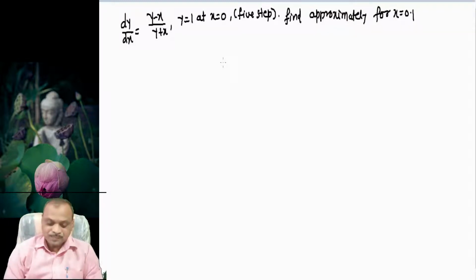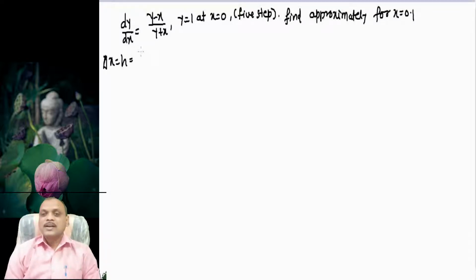Now here, what is our h? Delta x is our h, and delta x is equal to the final value xn minus x0, so 0.1 minus x0, which is 0, and up to 5 steps, so this will be divided by 5 and we get 0.02.